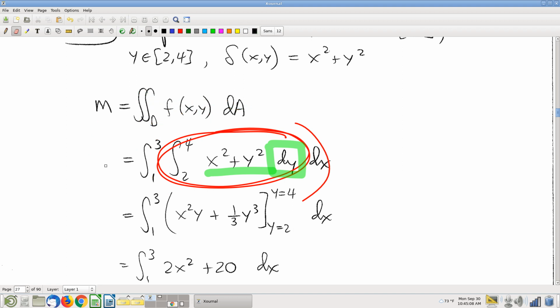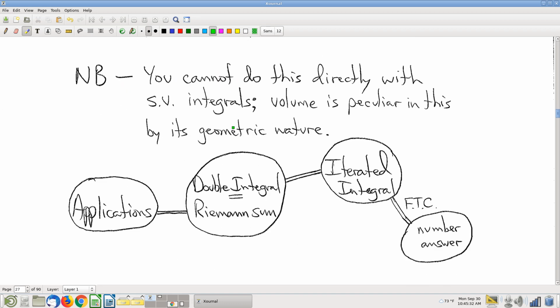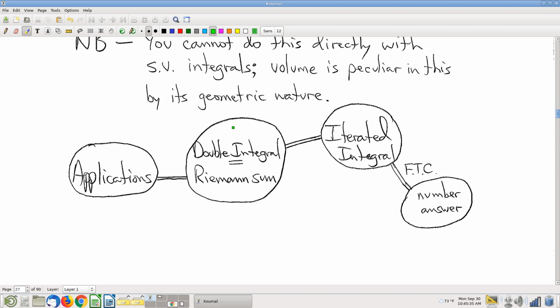So that's why we need the idea of a double integral. This makes sense physically. This is what allows you to take application questions and rewrite them as expressions. You can turn real world problems into math problems with double integrals, specifically 2-index Riemann sums. So you cannot bypass this step. Here's my little roadmap. We have a slightly different roadmap here than what we had in single variable calculus. Here we need double integrals so that applications can connect to them.